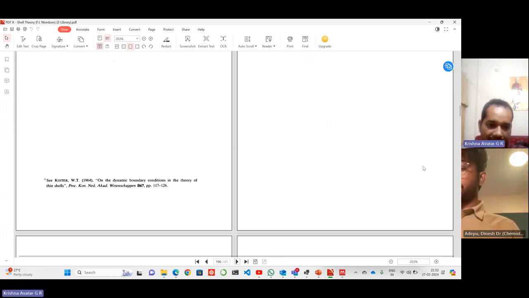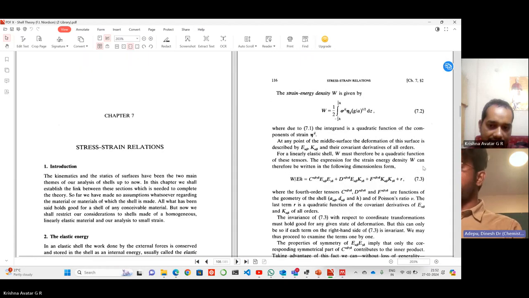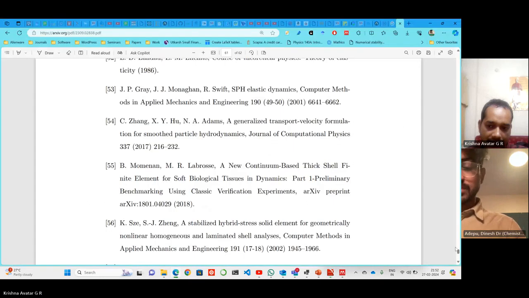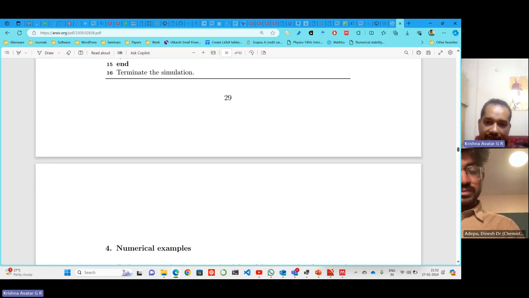In these equations, SPH doesn't need this variational formulation kind of thing. In the FEM, they have just taken the weak form, multiplied with the test functions, and then integrated over the domain.